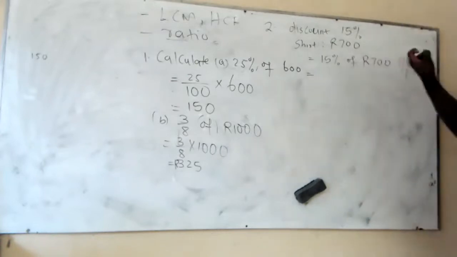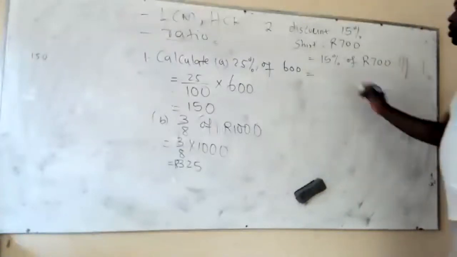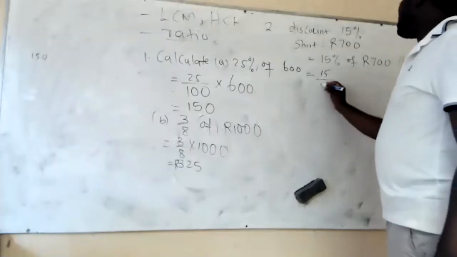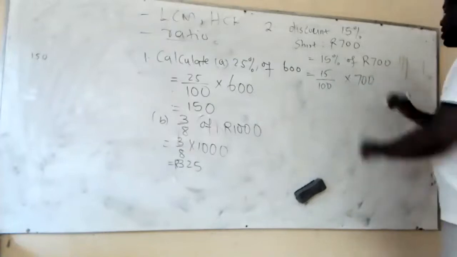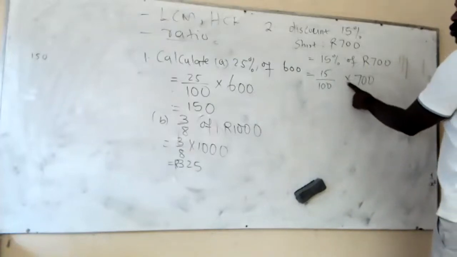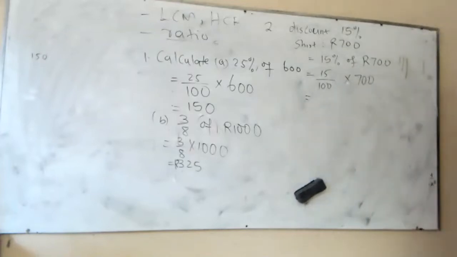We want to find the value of that 15% and then remove it from 700. So it's going to be 15 divided by 100 multiplied by 700. As I've said, in this case we need to replace the "of" by multiplication of 700. So if you put this into your calculator, what are you going to get as the answer?